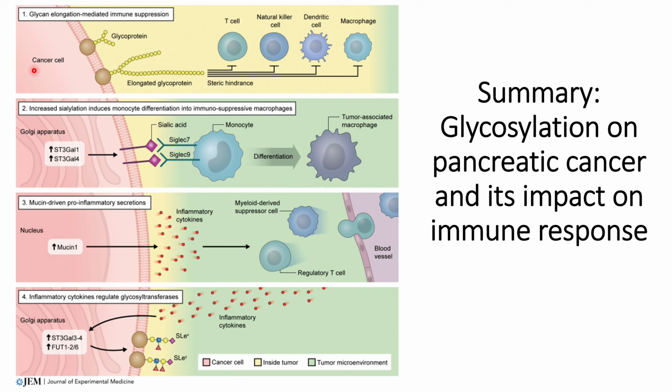In these cancer cells, because of the mutations, elongated glycan structures are formed, which also increase the thickness of the glycocalyx. This creates a steric hindrance that prevents various immune cells such as T cells, natural killer cells, dendritic cells, and macrophages from coming and interacting with the cancer cells or the non-self epitopes expressed on them.